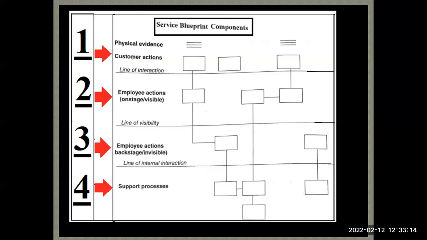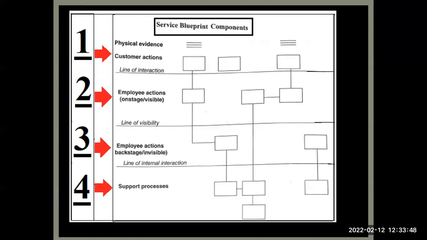Then the second line is called the line of visibility, found between visible employee action and invisible employee action. So invisible actions of the employee are separated from the visible actions by the line of visibility. Then the third line is the line of internal interaction, which separates support processes from the employee's invisible actions.